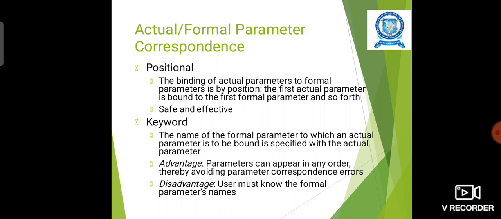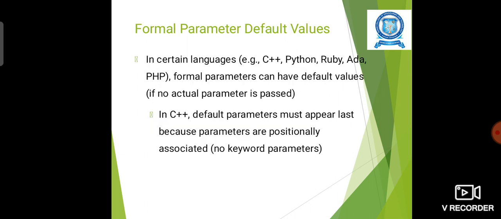Alternatively, the name of the formal parameter to which an actual parameter is to be bound is specified with the actual parameter. In certain languages like C++, Python, Ruby and Ada, formal parameters can have default values. In C++, the default parameters must appear last because parameters are positionally associated.